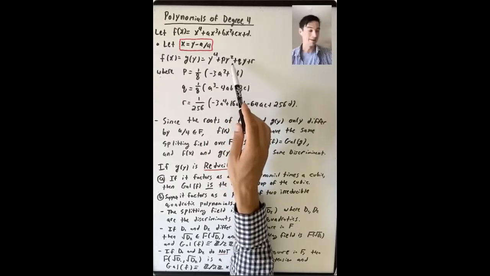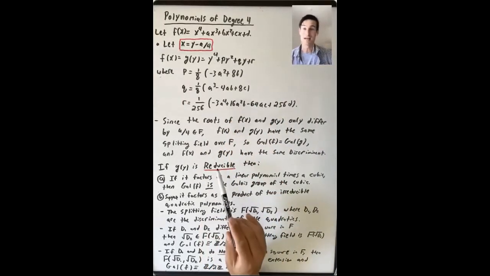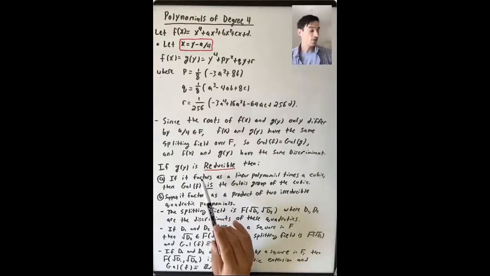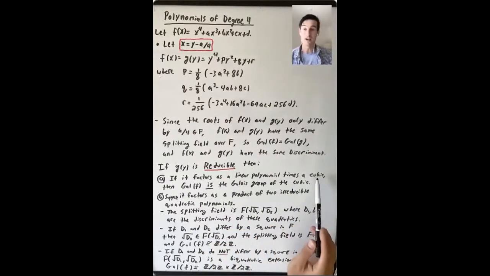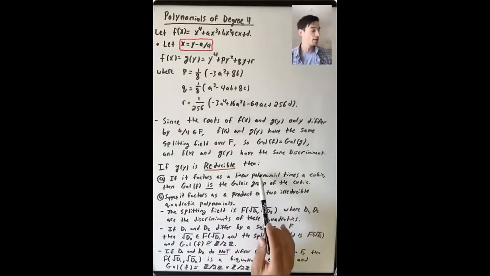But how do you do that? So we divide this into cases. First, what happens if g of y is reducible? Well, if it factors as a linear polynomial times a cubic polynomial, where maybe the cubic is irreducible, maybe it's not, since the linear polynomial is x minus something that's in F, adjoining that root to F doesn't get you anything new.